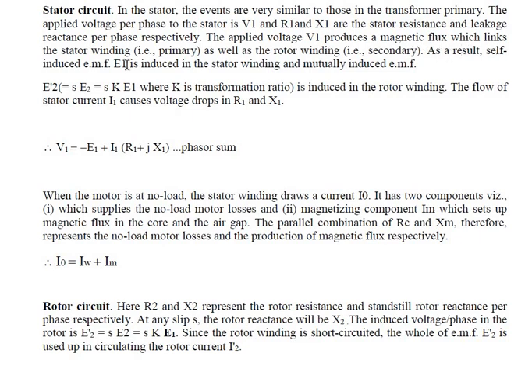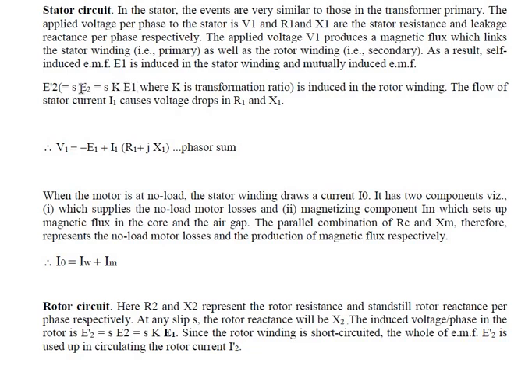As a result, self-induced EMF E1 is induced in the stator winding and mutually induced EMF E2 dash is induced in the rotor circuit. E1 is the self-induced EMF on the stator side, and E2 dash is given by SE2, and the value of E2 is given by KE1.